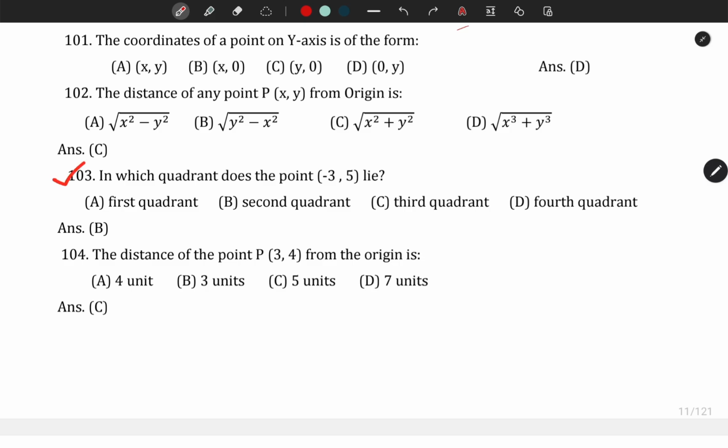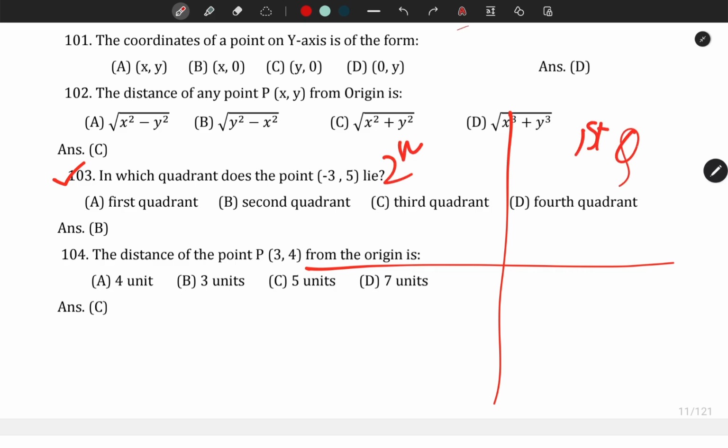Next question, in which quadrant does the point minus 3, 5 lie? So here you have the first quadrant, second quadrant, this third, this is the fourth quadrant. Remember, in the first quadrant, x will be positive, abscissa is positive, ordinate also is positive. Second quadrant, if you want to go to the second quadrant, you have to go left, so x will be negative, that means abscissa is negative, ordinate is positive.